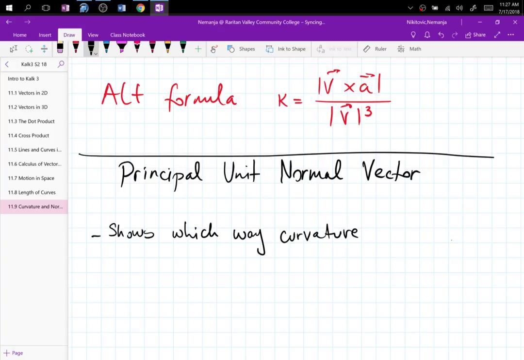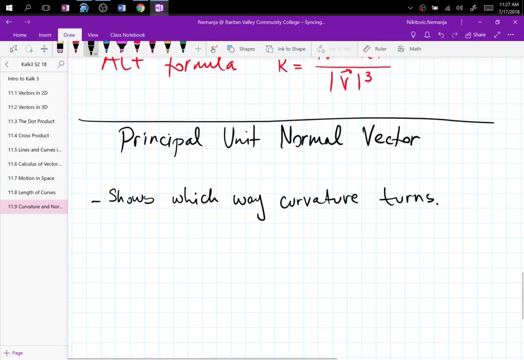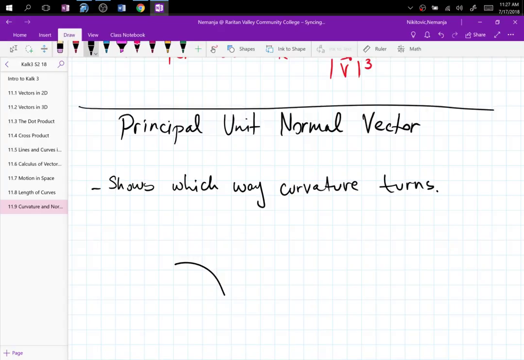When you say that the curvature of something is 5, well, you don't know whether it turns 5 this way or it turns 5 the other way.